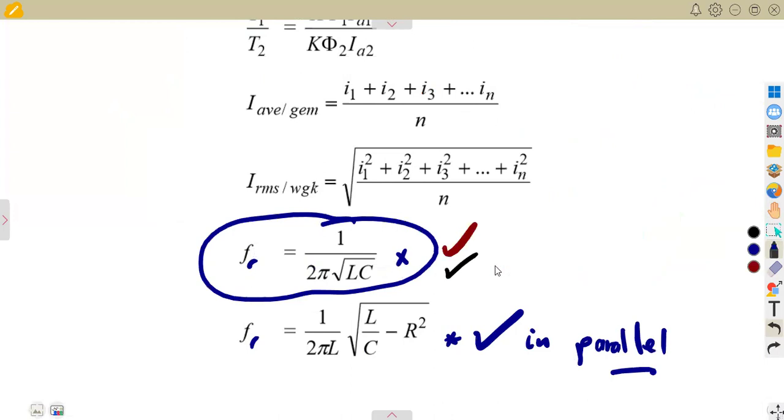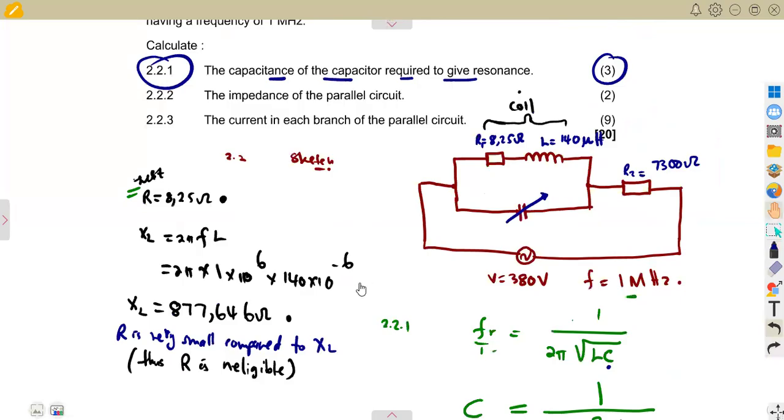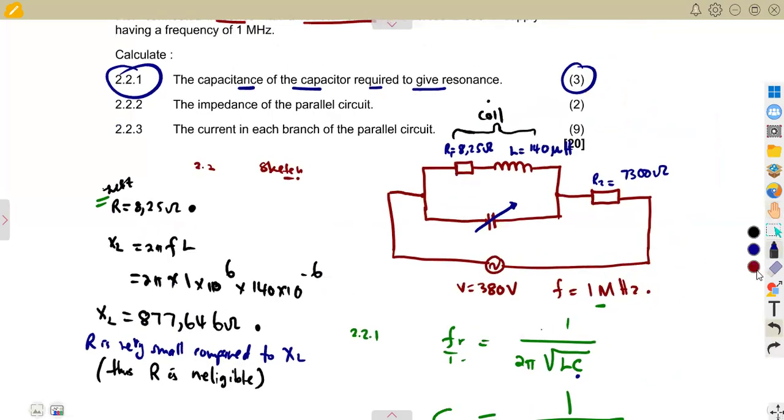But it follows that if the resistance is too small compared to XL, we are going to use this formula instead. Okay, so that is what you need to understand. So do not confuse this part. It is because our R is negligible. It cannot be considered. It is very small. All right, so that was it on this part.